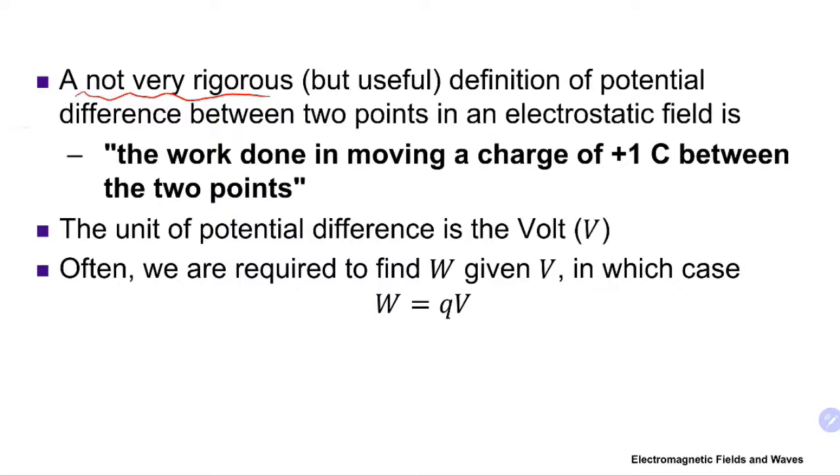Which means that if Q is equal to 1 coulomb, then my work done is equal to V. So basically moving this 1 coulomb charge between 2 points gives the potential difference.